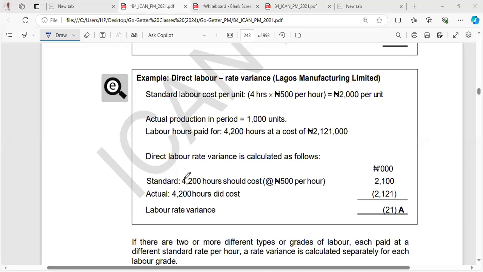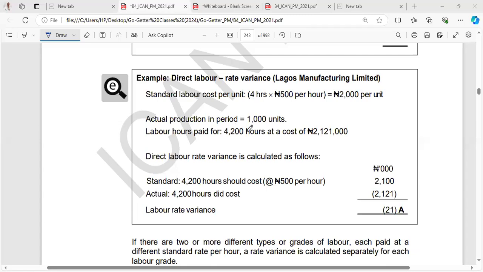So if you are using labor hours paid for, standard 4,200 hours should cost us 21, but it actually cost us 2,120. So that is what it is. It means that idle time has been paid for. So forget about idle time.